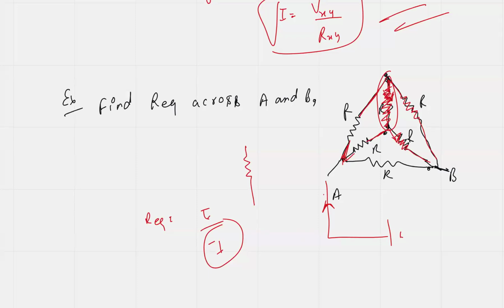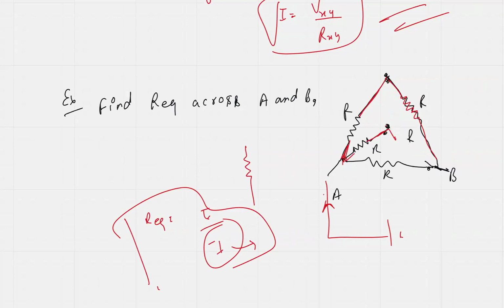As these two terminals have equal potential, we know the reason, balanced bridge, so there won't be any current. If there's no current, there will be no contribution of this resistor. So if I remove it for a while, just for the calculation of this part, this is going to give you the R equivalent.